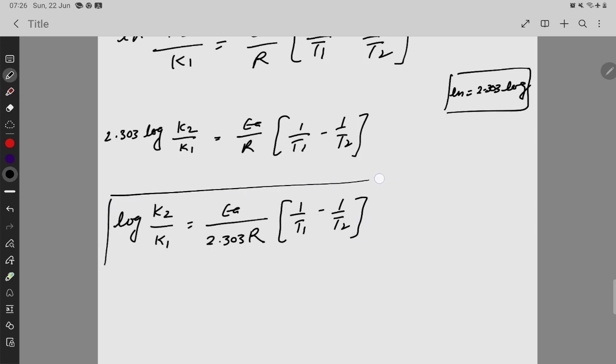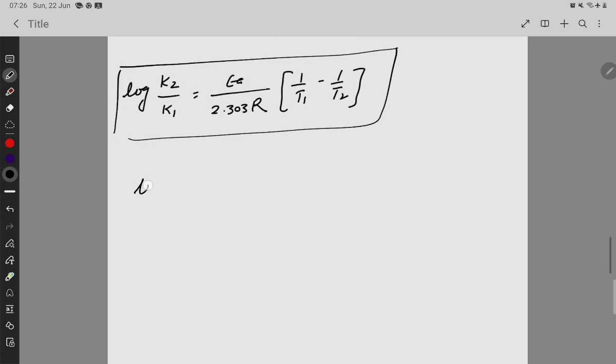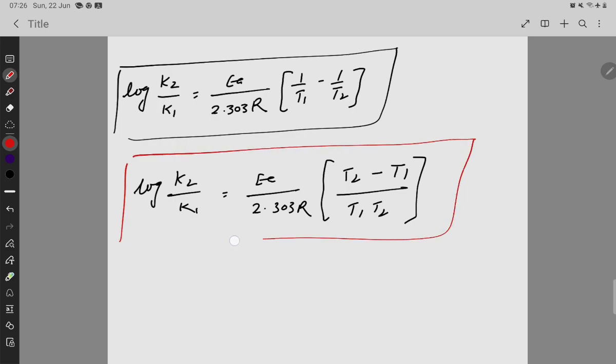This is the required Arrhenius equation, student. Or you can write log k2 upon k1 is equal to activation energy upon 2.303 R, times T2 minus T1 upon T1 T2. So this is all about the answer, student.